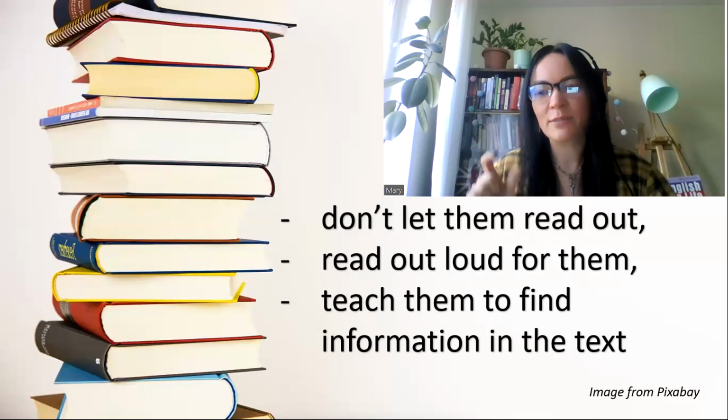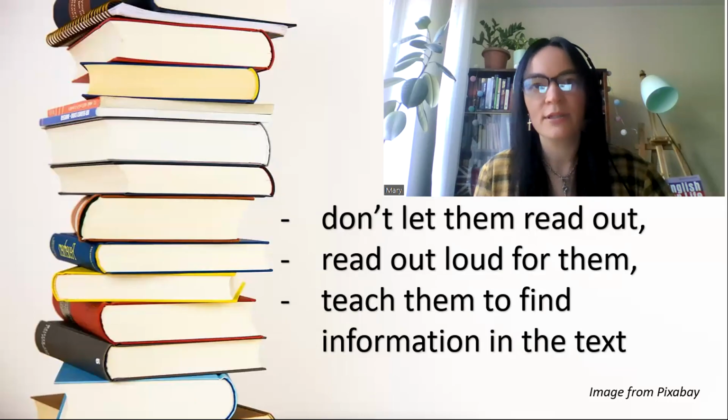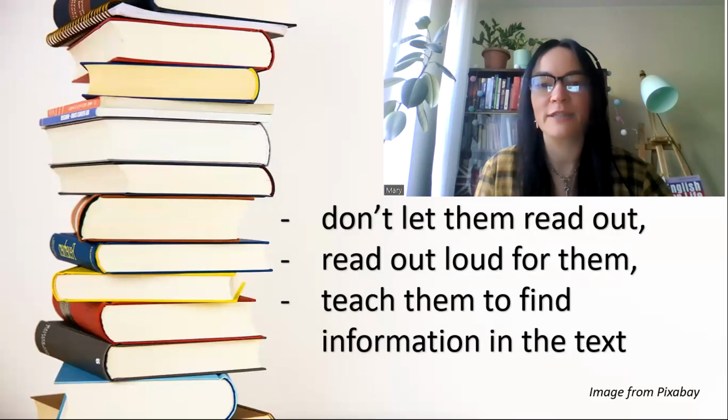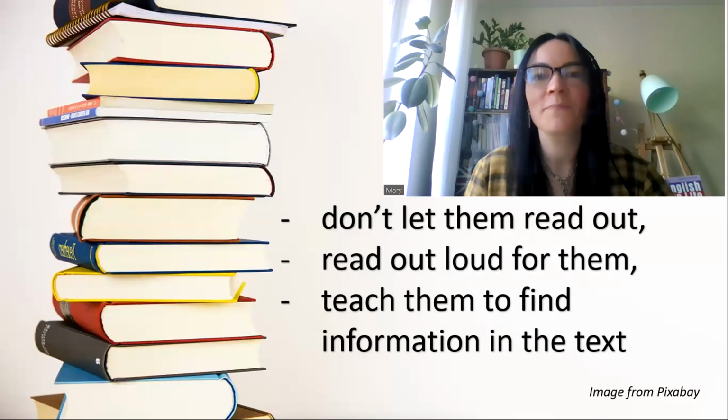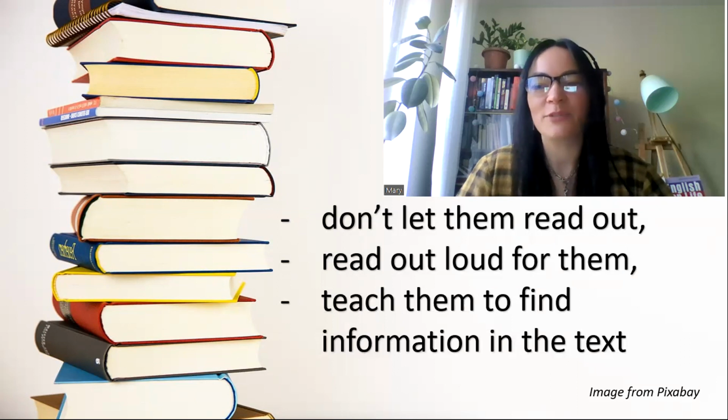You can ask some simple questions, or you can ask a question and find the information with them. As we said before, it is called modeling when you just show the example of how to do something. And then you can ask the second question that is about the similar information from the text, but now you can give your students the opportunity to find this information by themselves.